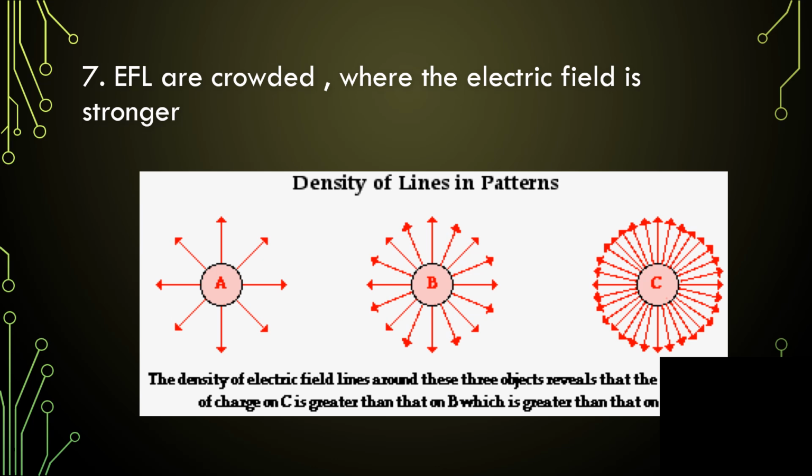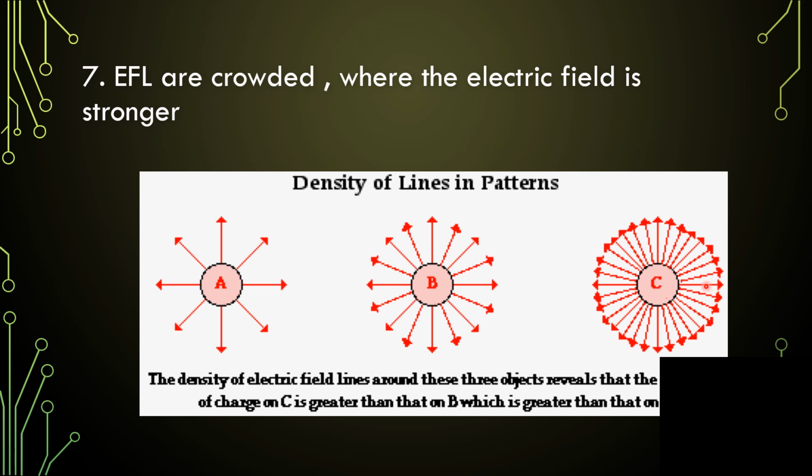In picture B, compared to A, field lines are more in number. That means the electric field is stronger in B compared to A, because the number of field lines is more.